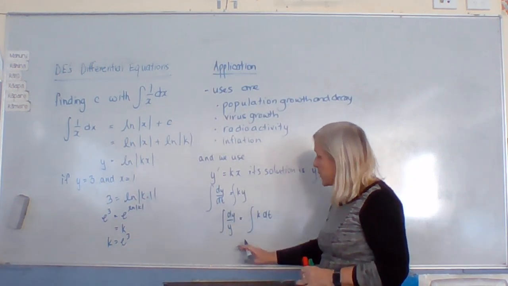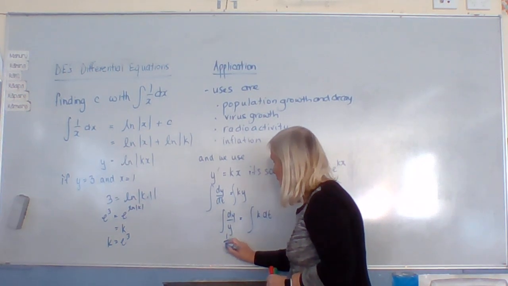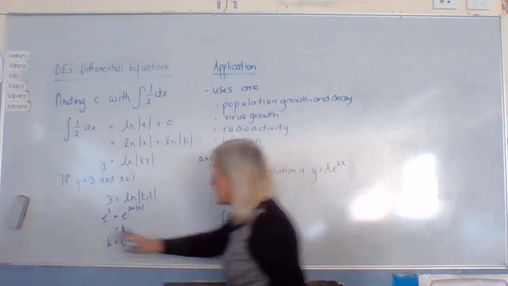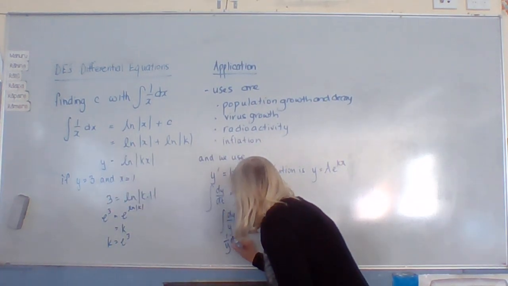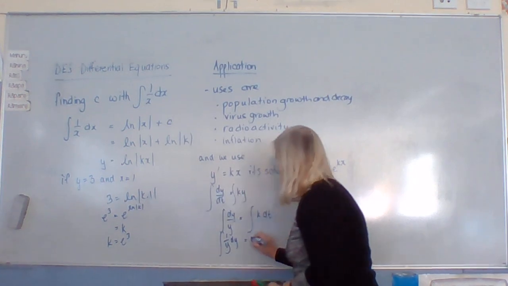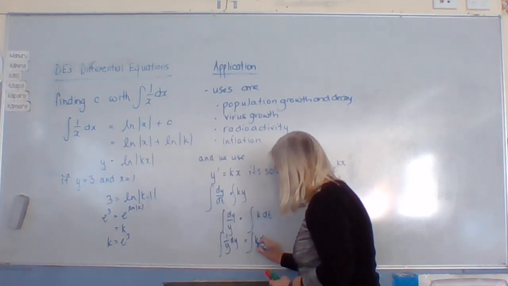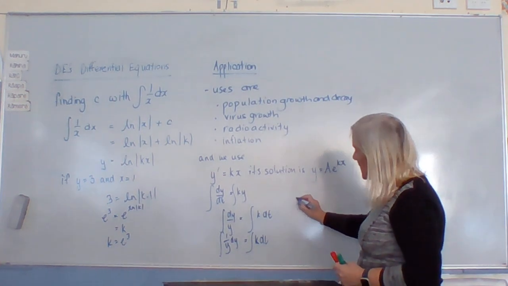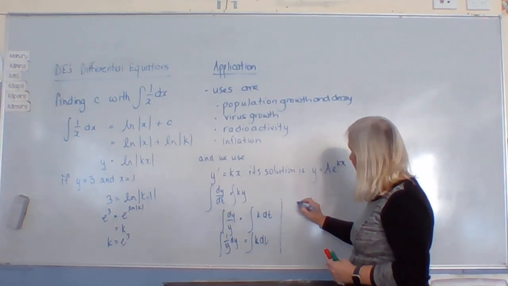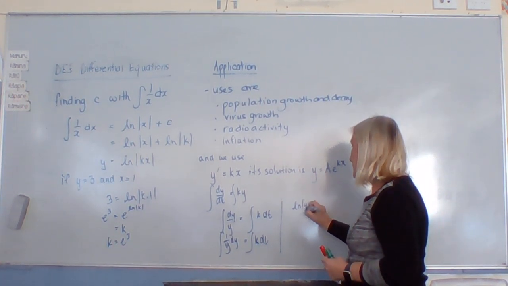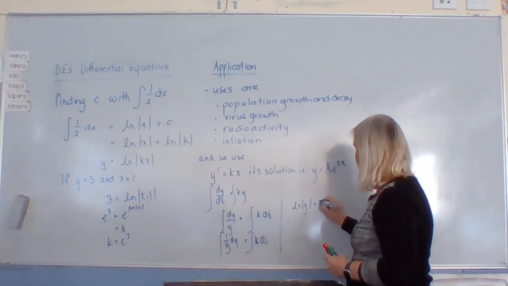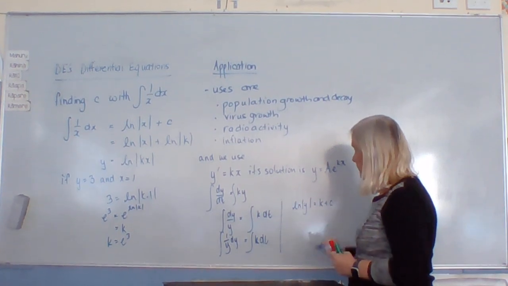Okay, so when we solve this, we've got the integral of 1 over y dy, and we've got k, which then gives us ln of y equals kt plus c.